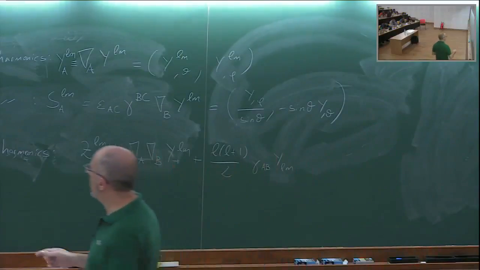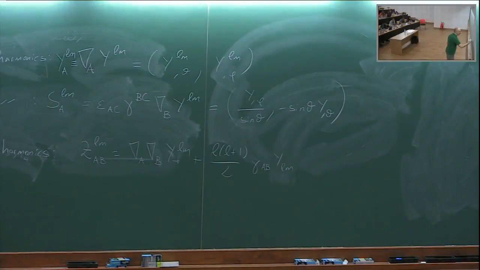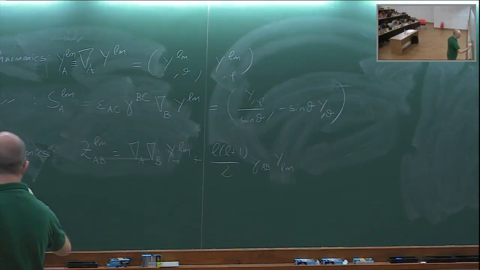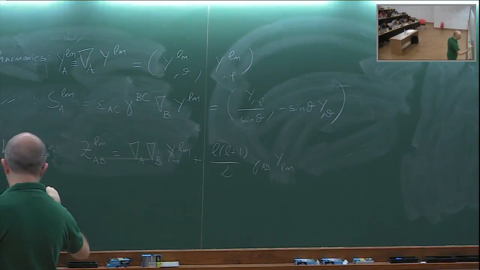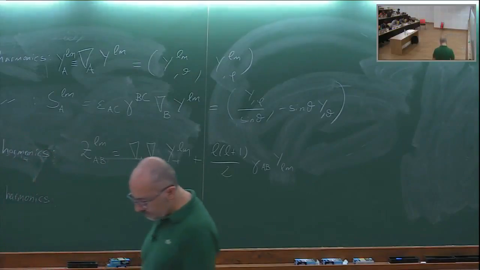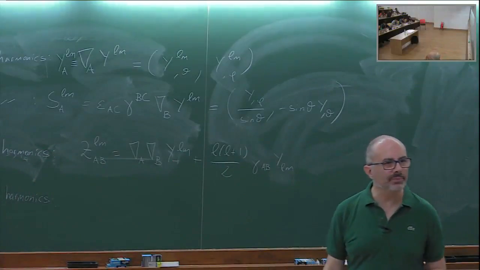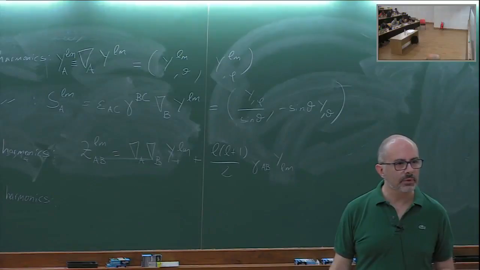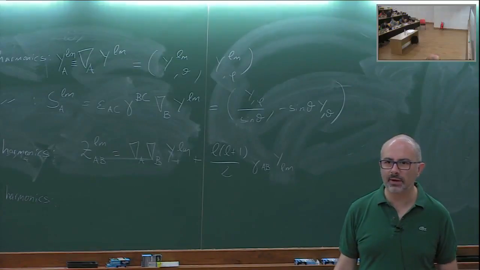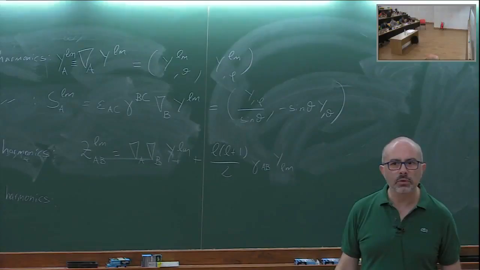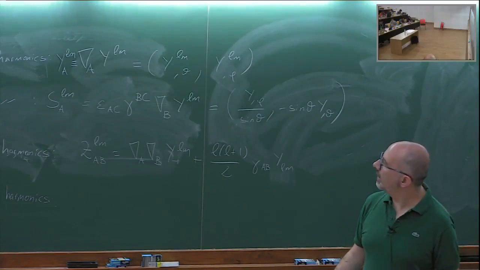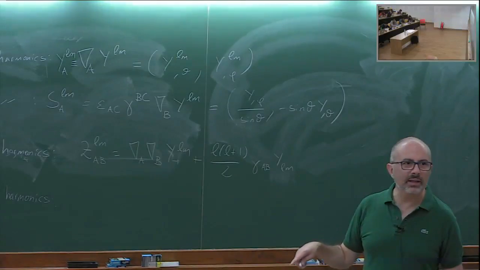And I can construct axial tensor harmonics. So what would you do if you want to construct an axial tensor harmonic? You need to take an axial vector harmonic, and then what do you do to it?